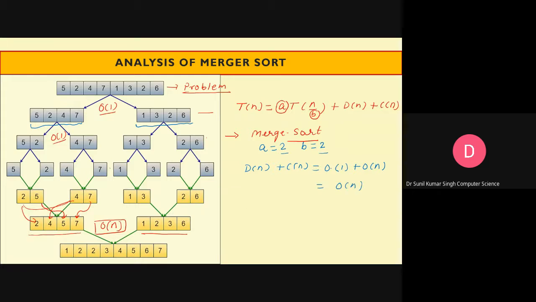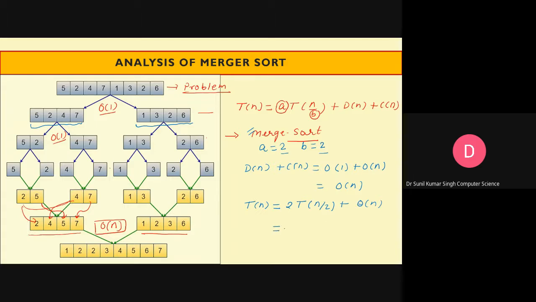If you are talking about the average case, maybe you can represent it with theta. So for finding the recurrence relation for merge sort, we can write it like 2T(n/2) plus order of n, or maybe theta of n, anything you can write.